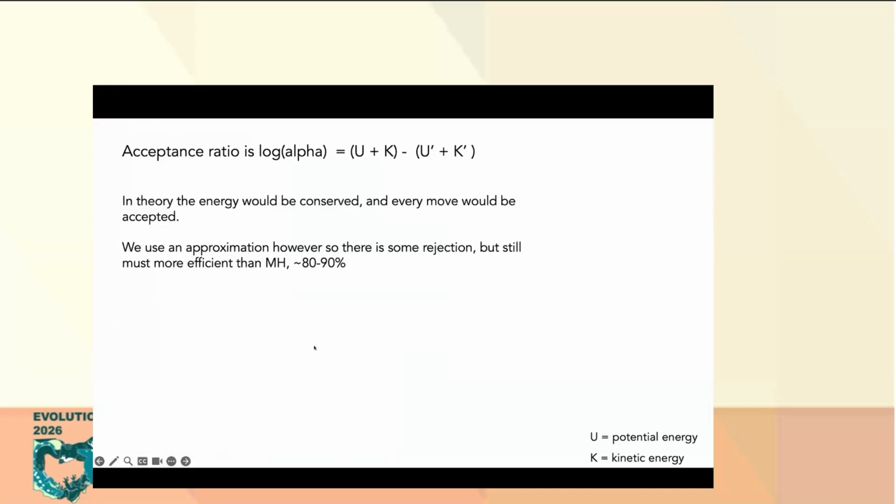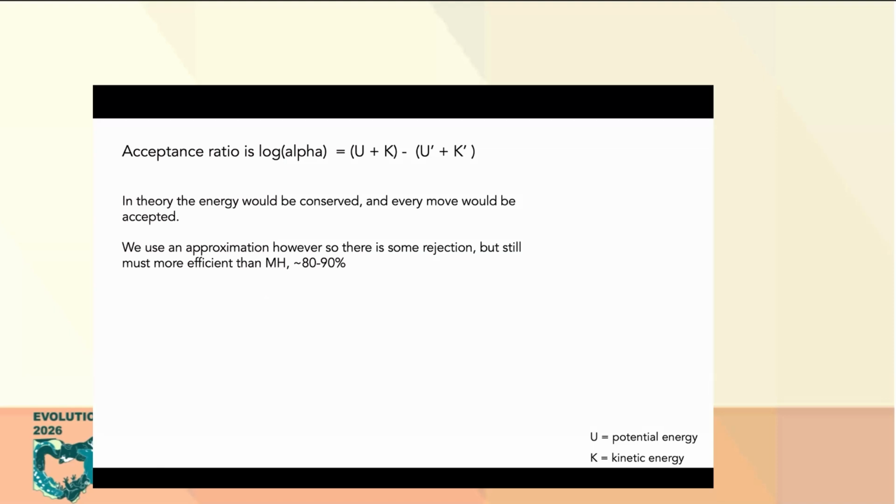So you move from one step to the next, and the move is accepted based on this equation here, which says the potential energy plus kinetic from where you started minus from where you ended up. In theory, this would be completely conserved. You conserve all this energy, so every move would be accepted. But because we're using an approximation, there is some rejection going on, but it's still much more efficient.